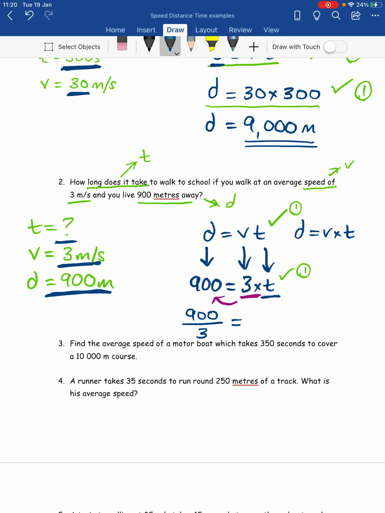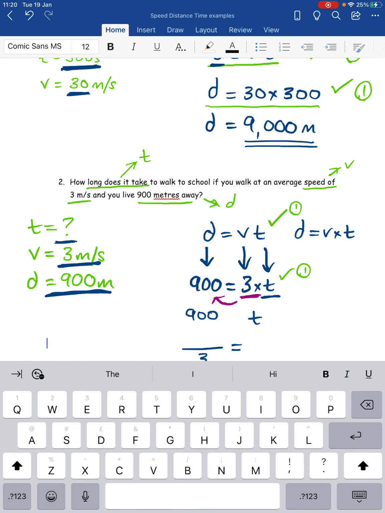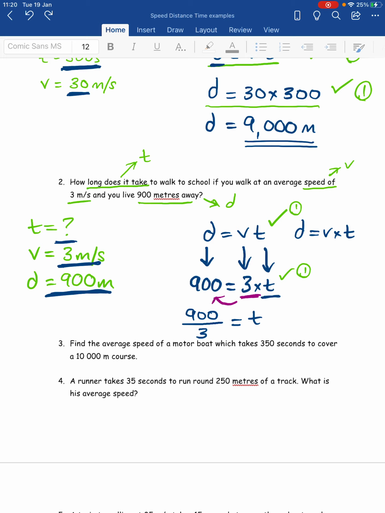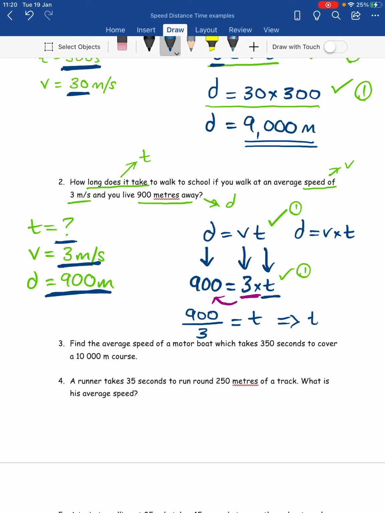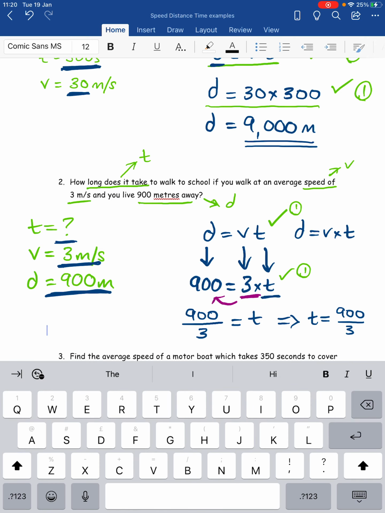I can put the equal sign in where it is, and all I've got left on the right hand side now is the time T. Now what I can do is then change that to write T equals 900 over 3. Try and move this down out of the way now. There we go.